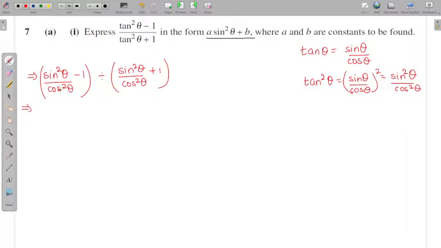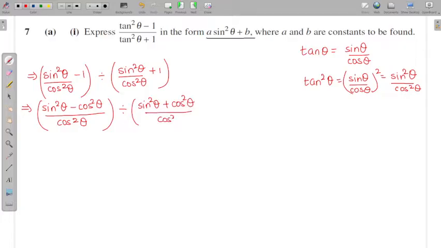Okay, so now I can rewrite this as sine squared theta minus cos squared theta by cos squared theta, and repeat the same thing in this case. So it will be sine squared theta plus cos squared theta by cos squared theta.